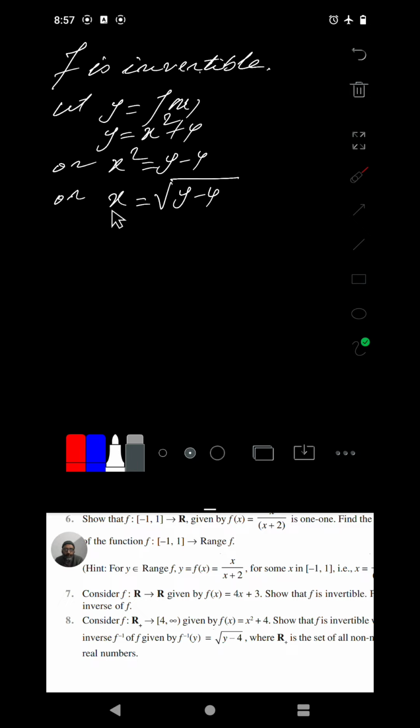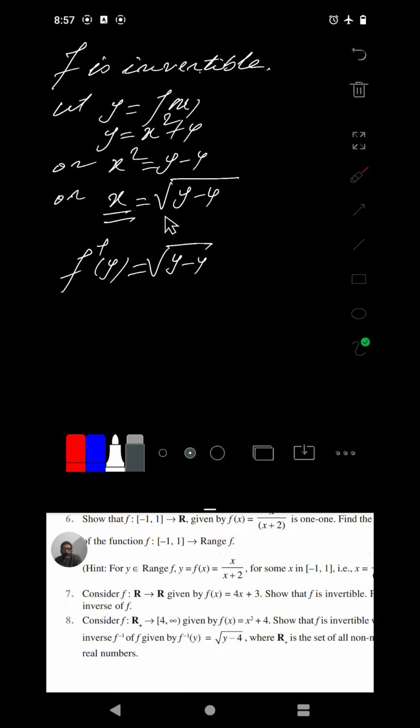Here replacing x by f inverse y, we write f inverse y is equal to under root y minus 4. So nobody should be confused, because before this sum we have replaced x by f inverse x and y by x to find the inverse of the function.